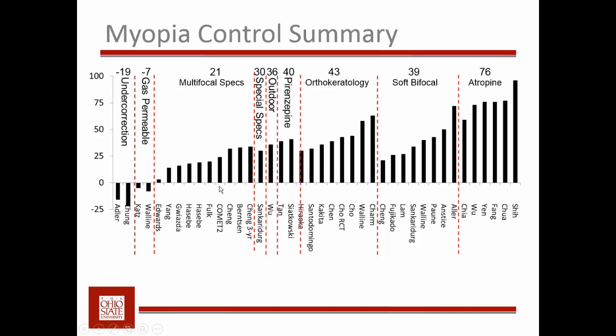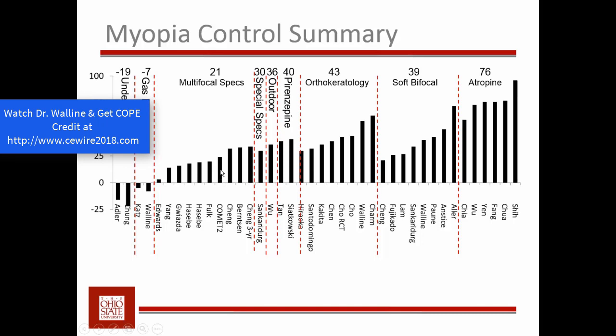For example, if we look at the COMET-2 study, it slowed myopia progression by almost 25%. So that's the corresponding percent slowing of myopia progression. I then just took the very simple mathematical average of each one of these. I didn't weight them in this particular slide at all. Just took the simple mathematical average to determine how much slowing was conducted by that particular type of treatment.